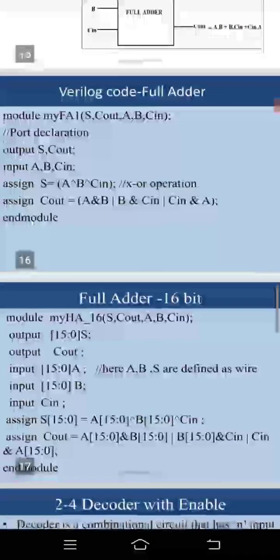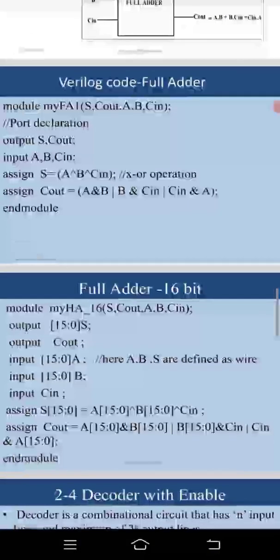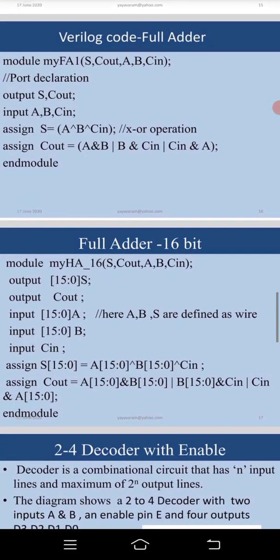For the 16-bit module: module my FA 16 (S, C out, A, B, C in). Output [15:0] S, then output C out, then input [15:0] A, and here A, B, and S are defined as wire. Input [15:0] B, and input C in.